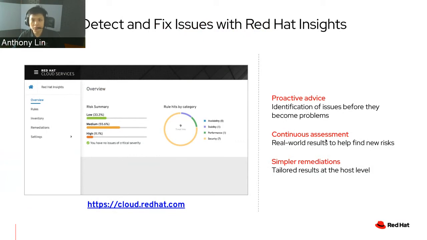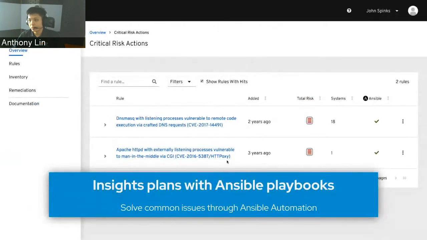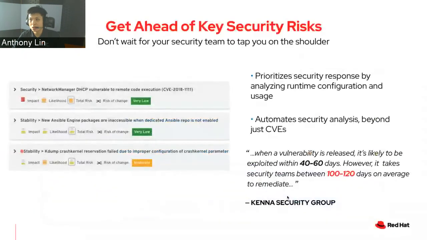Then there is this continuous assessment, and you can do remediations using Ansible playbooks that will come along with it, right? This is kind of how it looks like. You can actually create plans, right, that will have the playbooks that will help you to fix the problem that is found on the systems that you have. So ultimately, it solves the common issues via the Ansible automation, right?